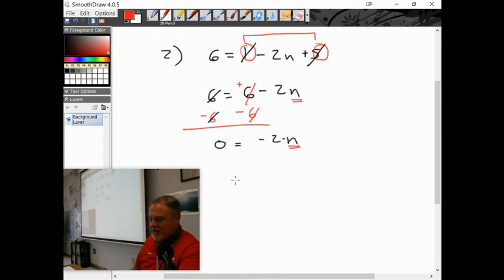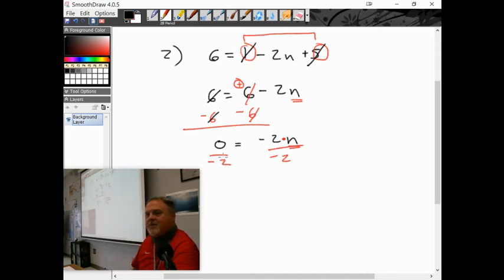Just like we knew that this 6 was positive, even though they didn't put the plus sign there, when you have a number in front of a variable, you just know that it's multiplication. So what's the opposite of multiplying by negative 2? Dividing. Yeah, just dividing by -2. Absolutely. So we're going to divide both sides by -2.